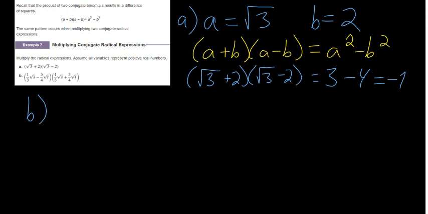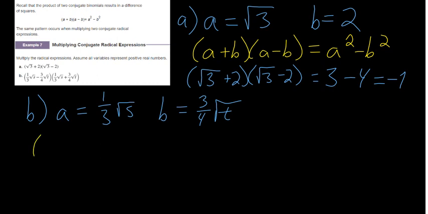For B, I'll set this up the same way I did A. What is my A value? Oh, okay, so this is nice and ridiculous. 1/3 on the square root of S. What is my B? That is 3/4 on the square root of T. Same thing as before, we're going to write A plus B. Let's make it a little bit bigger because those fractions might present a problem size-wise.